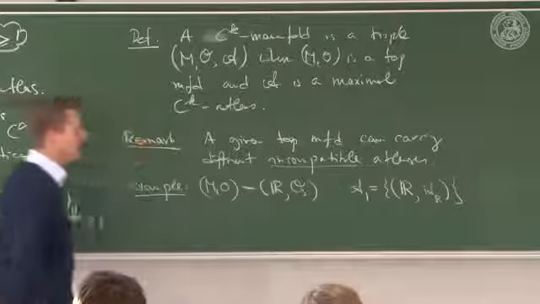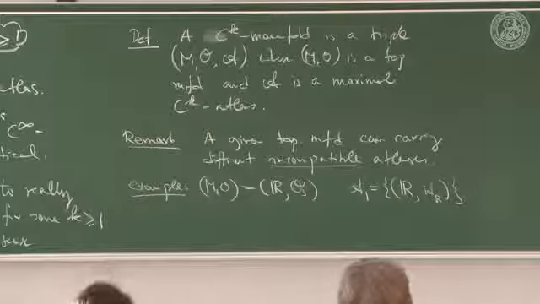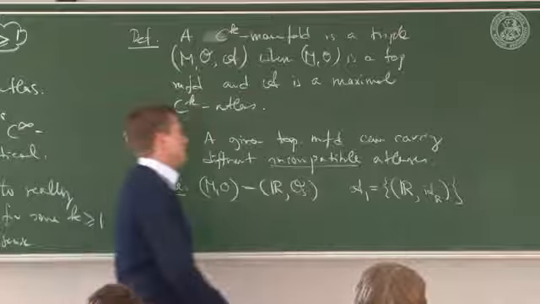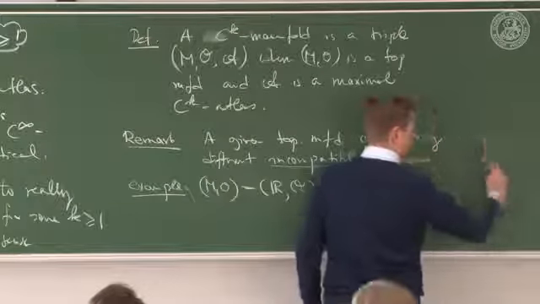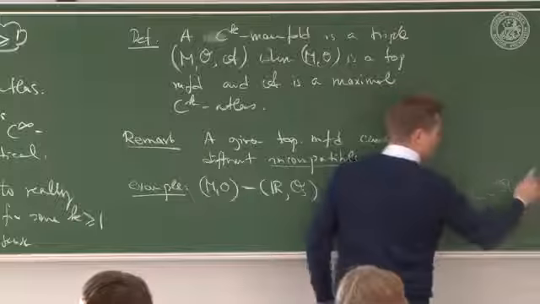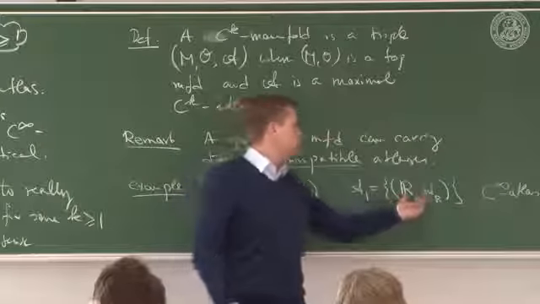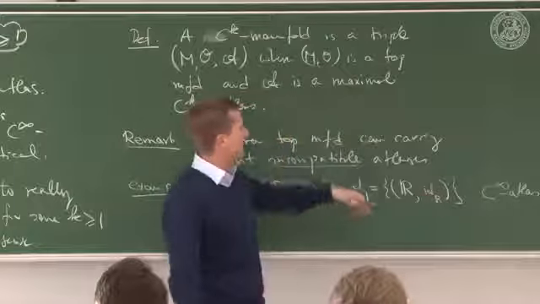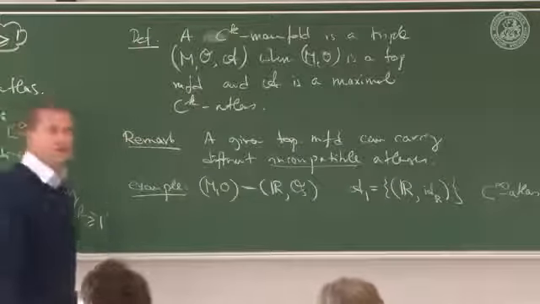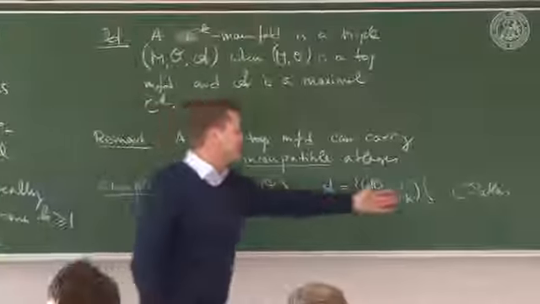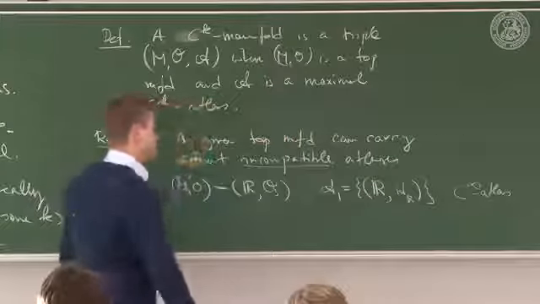It covers, and it's a chart. It's even a C infinity, it's C^1, it's everything. Yeah, it's a C infinity atlas because, well, this chart overlaps with itself, but then, of course, the identity after the identity inverse is again the identity, and the identity is, of course, C infinity.